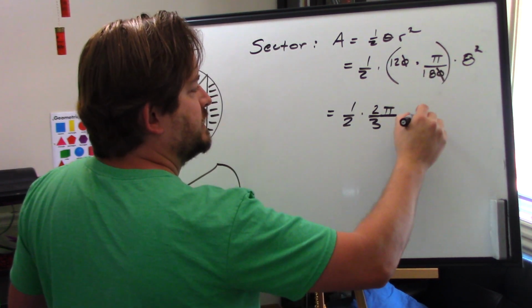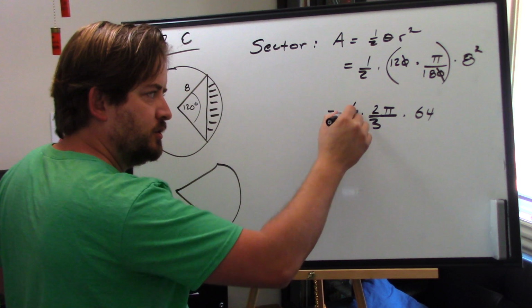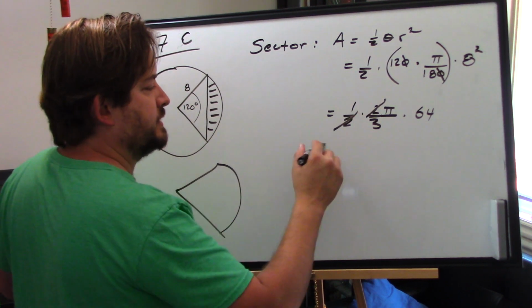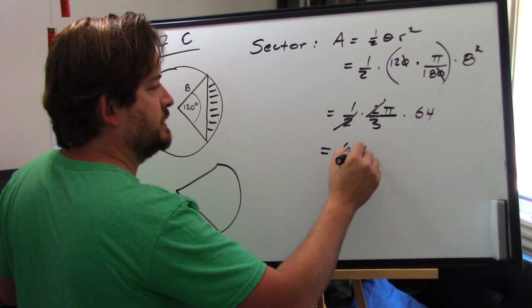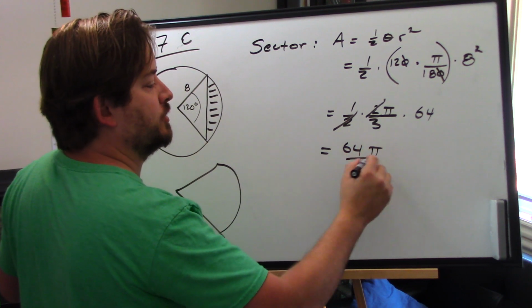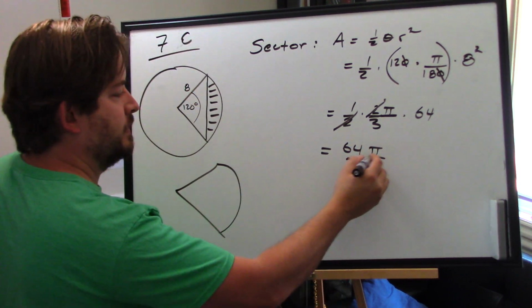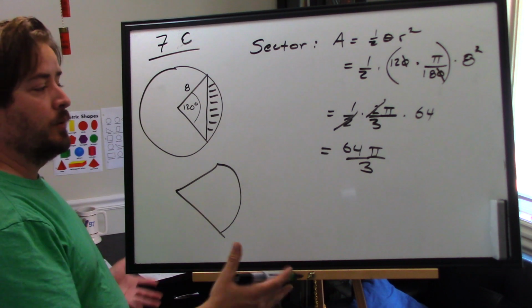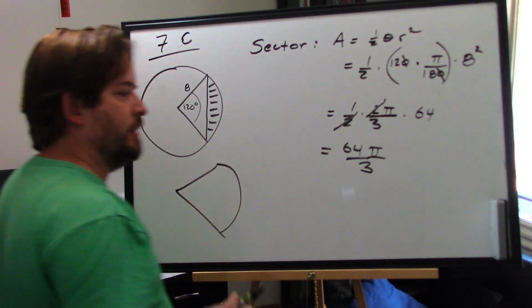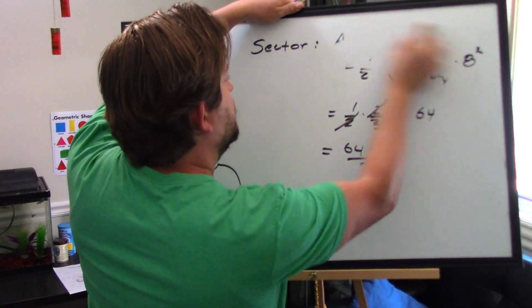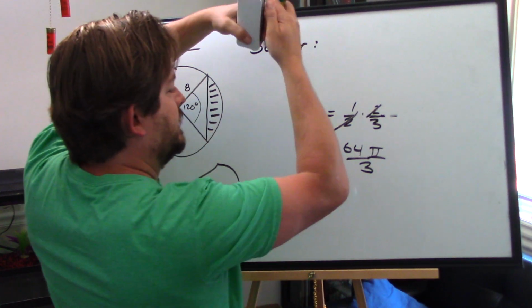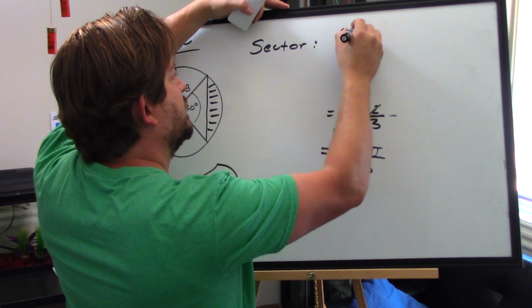Times 8 squared, which is 64. And I can simplify the 2, cancels with the 2, and I'm left with 64 pi over 3. Okay, so I have the sector. I'm going to erase this and just throw my value for the sector up here. That was 64 pi over 3.